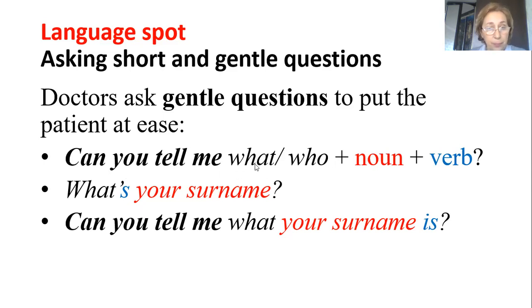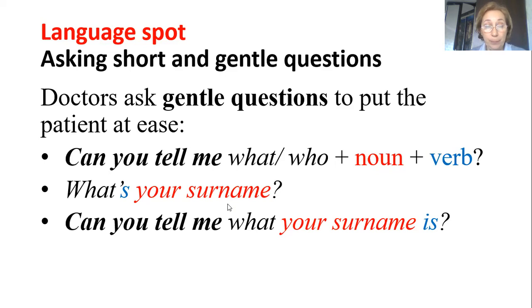The structure of the question is the following. Can you tell me what plus noun plus verb? What or who? It means that we reconstruct the direct order of words as it is used in a statement, or an affirmative sentence. There is an example of a direct question here.